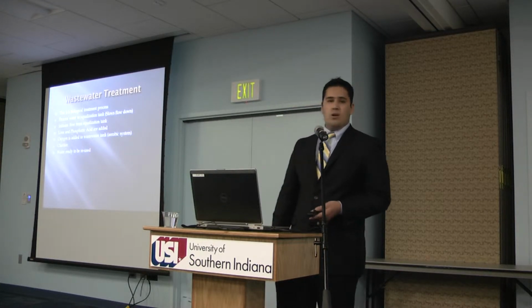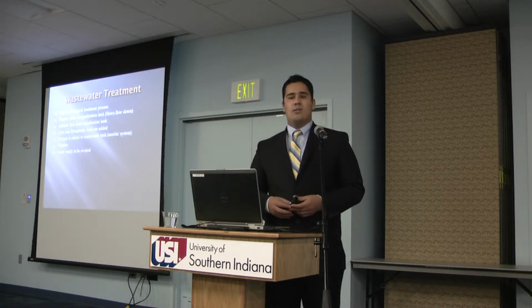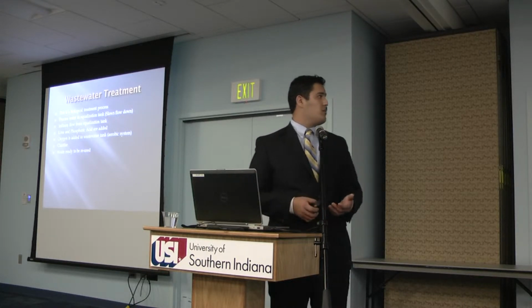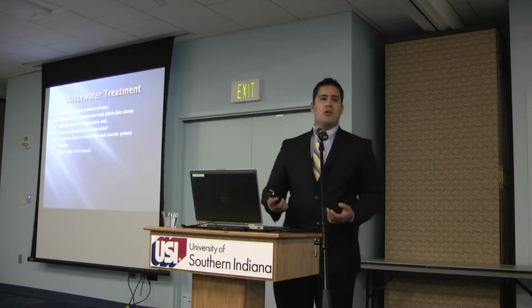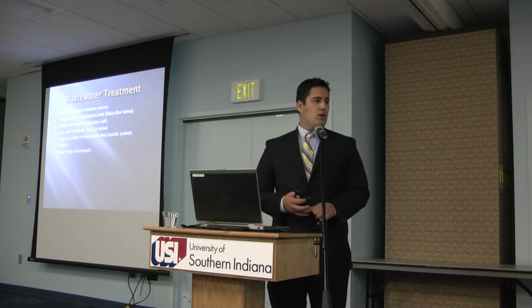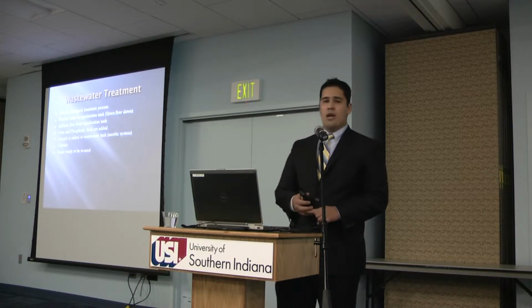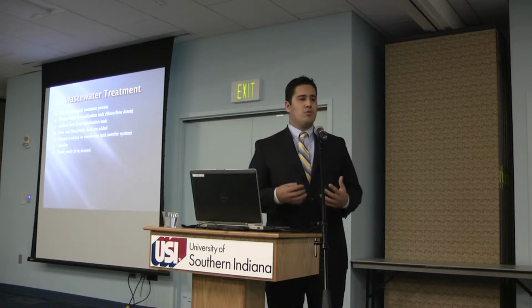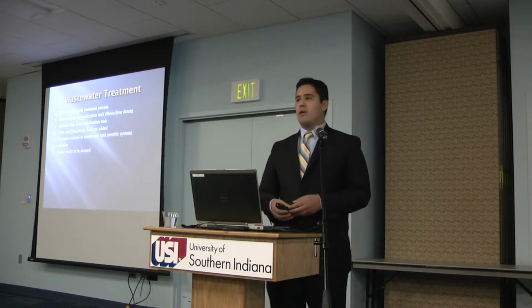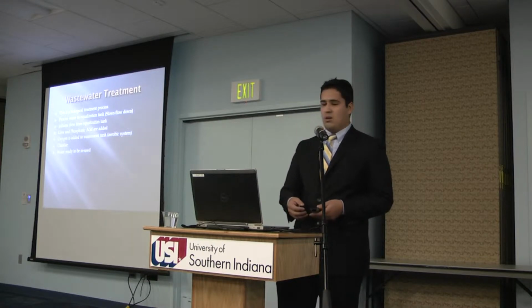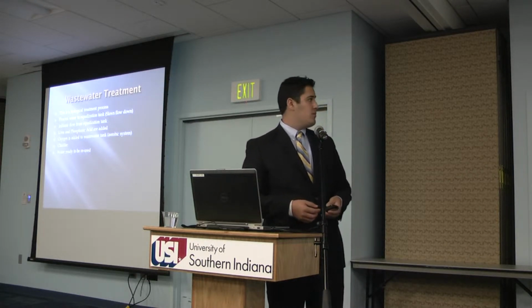So the wastewater treatment, first thing we need to know is that it's a biological treatment process. And the process comes from an equalization tank. This equalization tank slows the flow down in order to have a much more constant feed to the microorganisms that are going to digest all the water impurities.